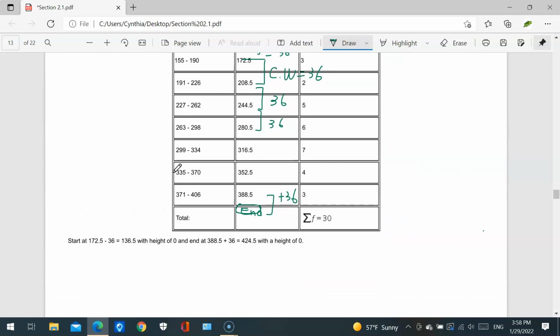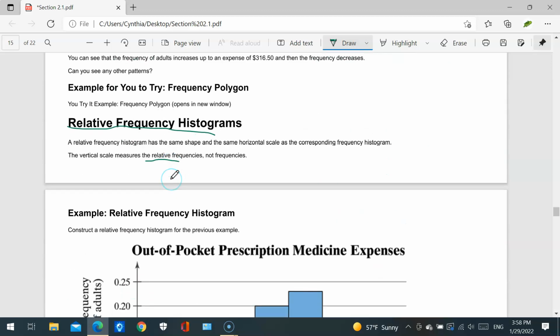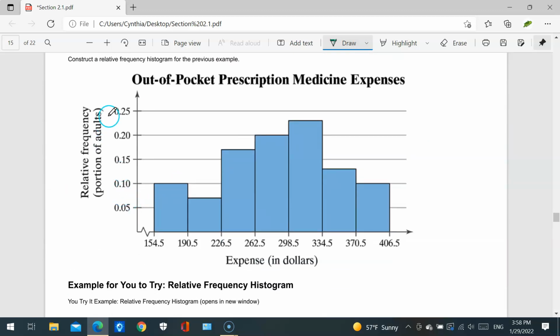Relative frequency is a proportion, a ratio, a percentage. So on your relative frequency graph, your vertical axis values are decimals.